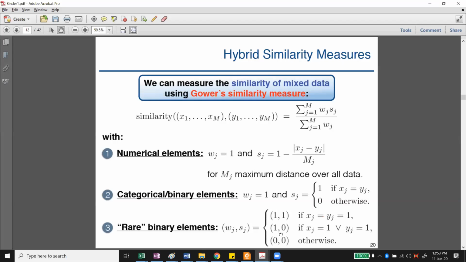Now, it's a bit mathematically intensive. So what I would say is, in the interest of time, all you need to know about this is that there's a measure called Gower's similarity, and this you would use when you have mixed data जहाँ पे दोनों variables important है, numerical भी important है और categorical भी important है.